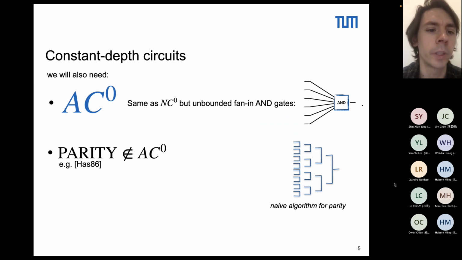And one important property of AC0 circuits is that parity is not in this class of circuits, so it's also not in NC0. This result has been proven in many flavors since then, but essentially what it says is that the naive algorithm for computing parity, by doing this kind of Swiss tournament computation, is logarithmic in depth, and we cannot do it in constant depth.